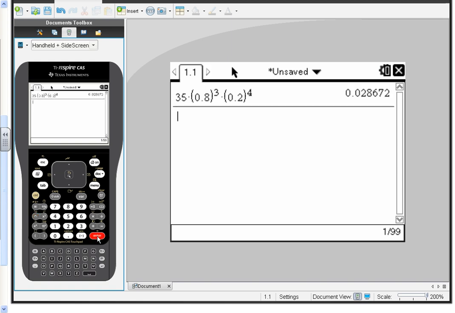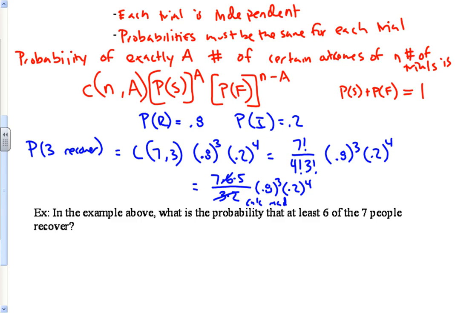If I hit enter, it would be 0.0286. So the probability is 0.0286, or a little more than 2%. And that's good because there's a pretty low chance that 4 people remain infected, because most people, 80%, are going to recover from the illness.